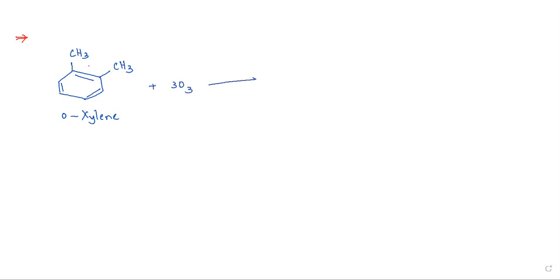Add ozone, then cut it. So ozone adds on to xylene across the multiple bond. Now look at this.